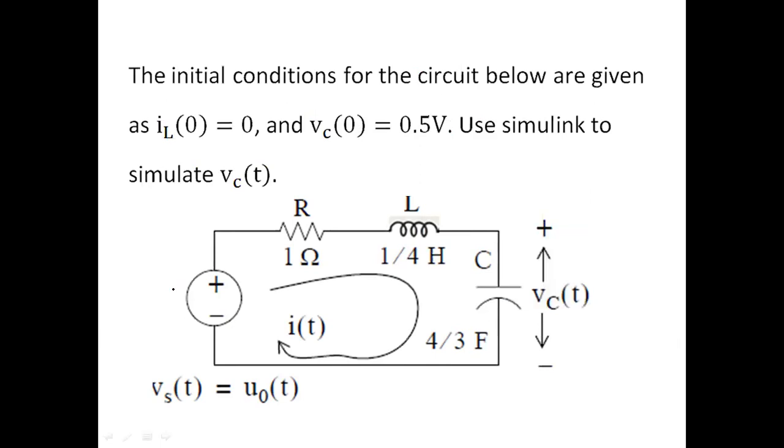So we have a DC source connected in series with a resistor, an inductor, and a capacitor. So we may call this a DC RLC circuit.